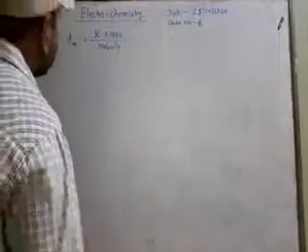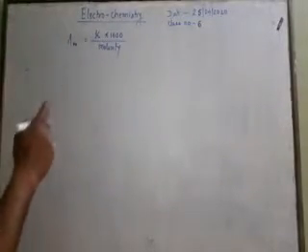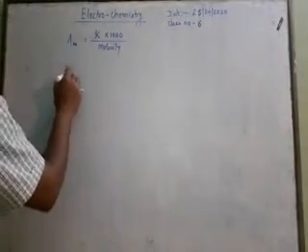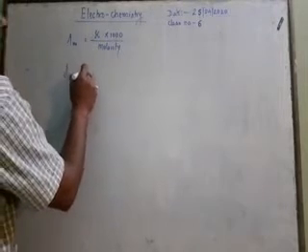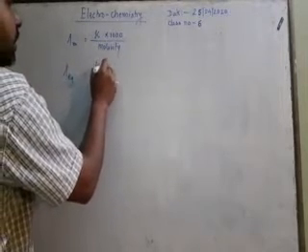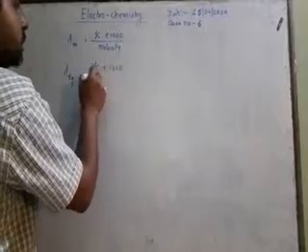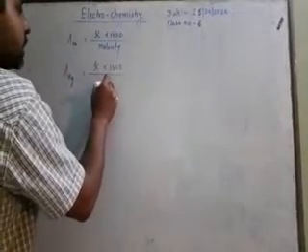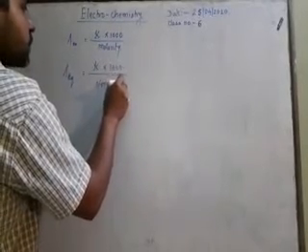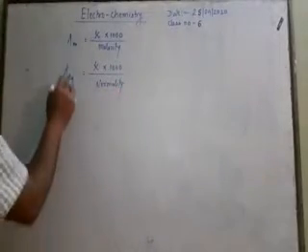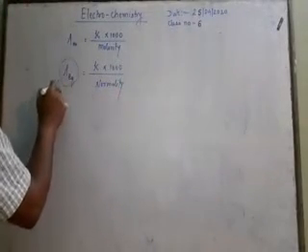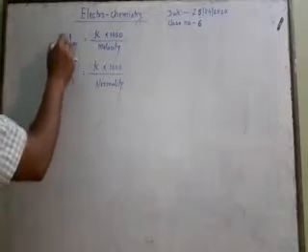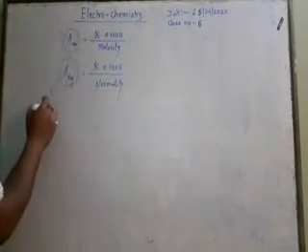Then students, if we use cap EQ, that is conductivity into 1000 by normality, it is called equivalent conductivity.